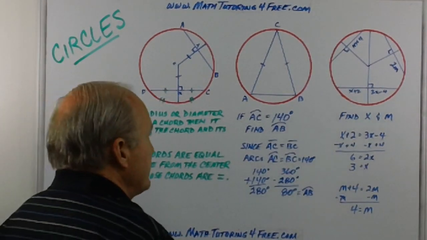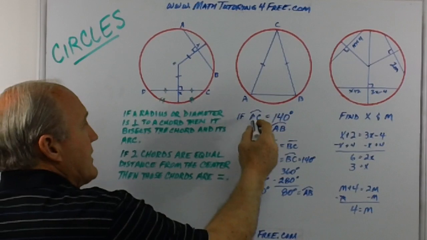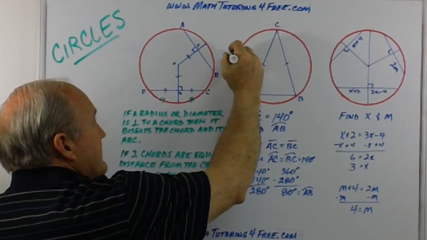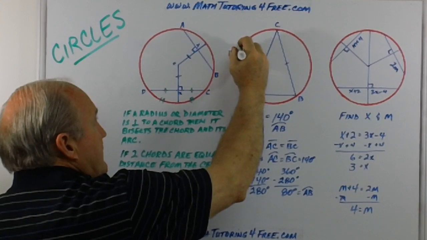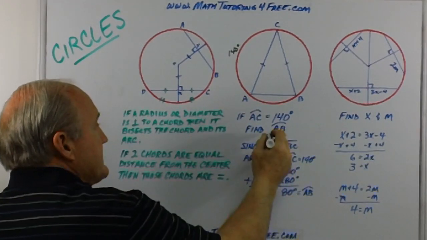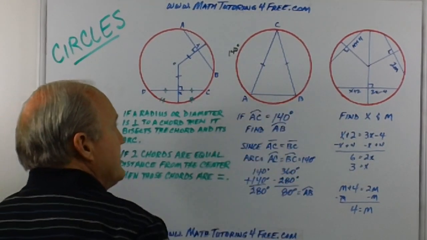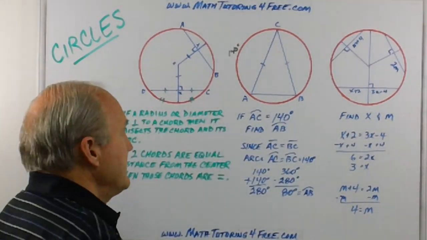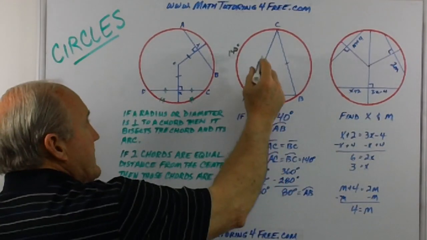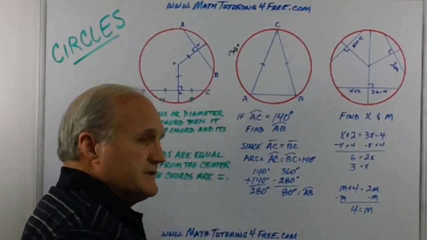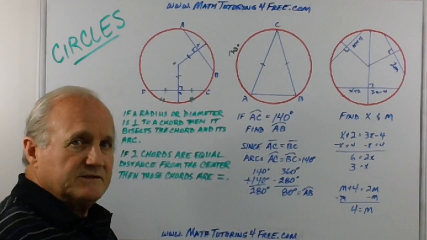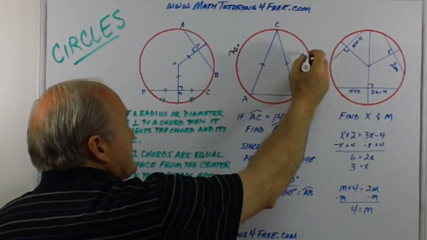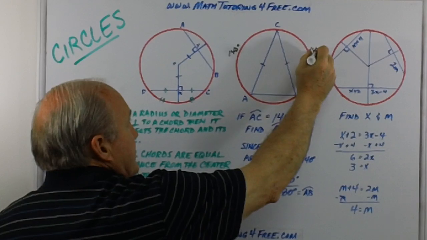They're saying that the arc AC is equal to 140 degrees, and they're basically asking us to find the smaller arc, AB. Again, the fact that this is an inscribed triangle shows that two of the sides are equal. In other words, it's an isosceles triangle. Then that says that this arc is also 140 degrees.